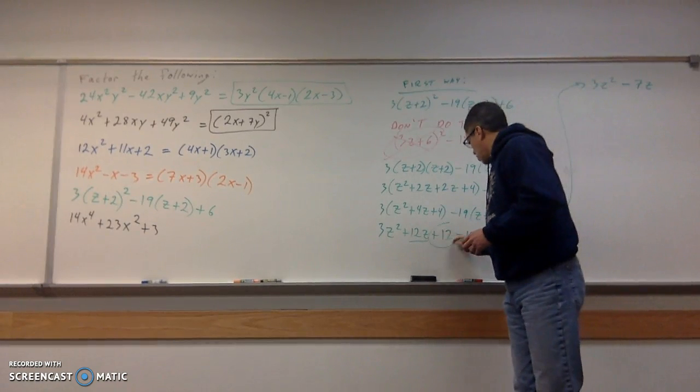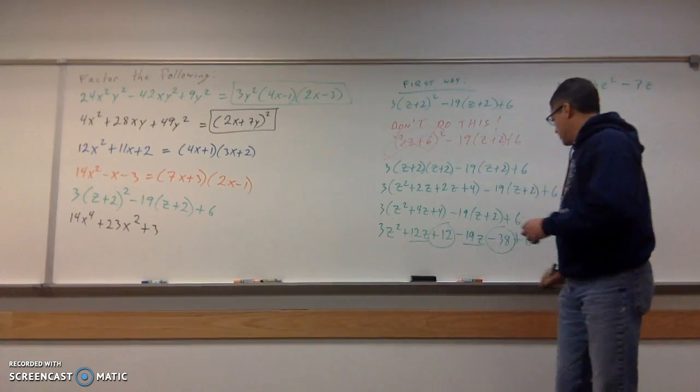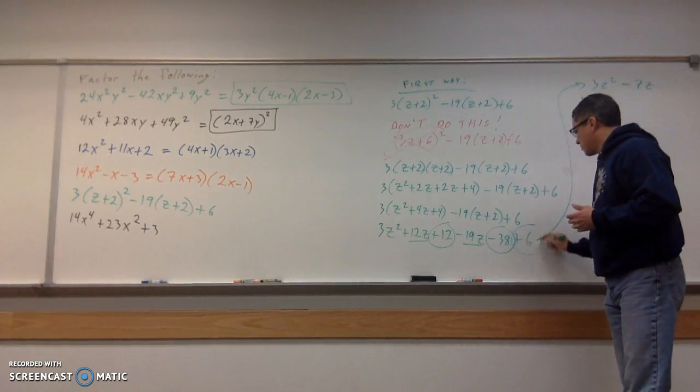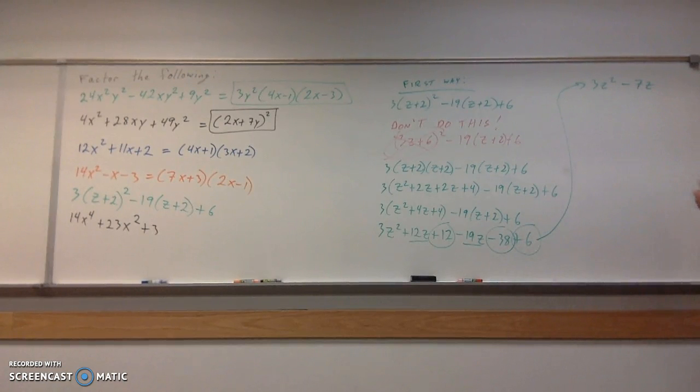I've got my 12 minus 38, let's see, what is that, negative 26. Negative 26 plus 6 would be a negative 20 if I'm not mistaken, right? Yeah, negative 26 plus 6 is negative 20.